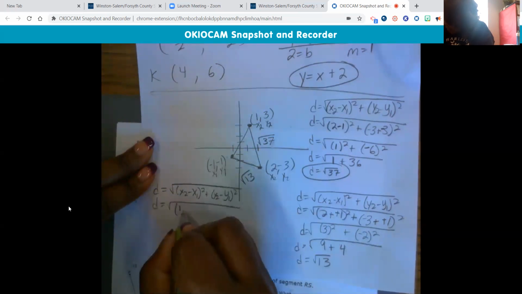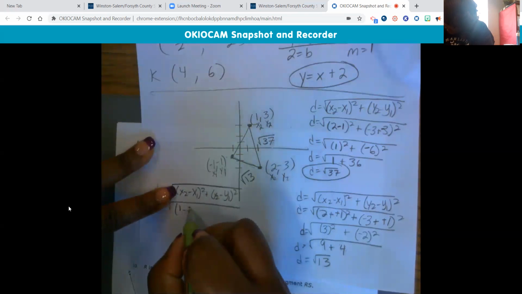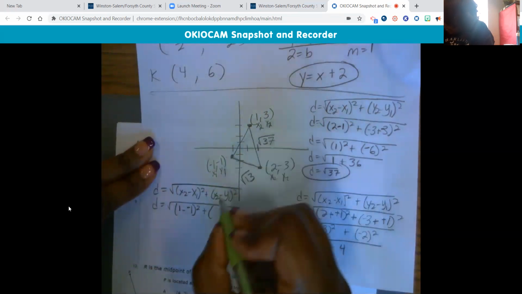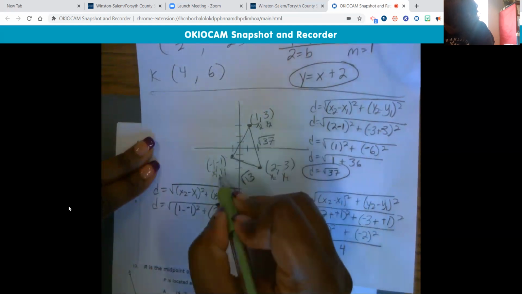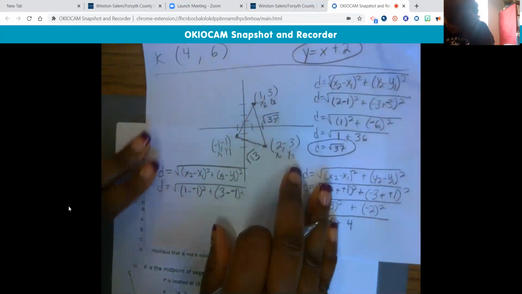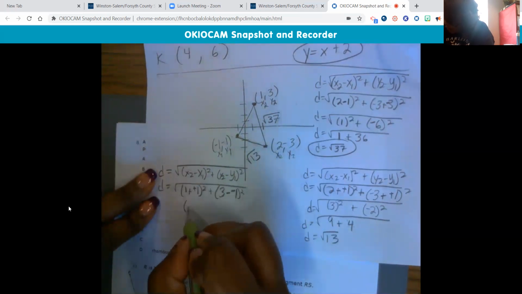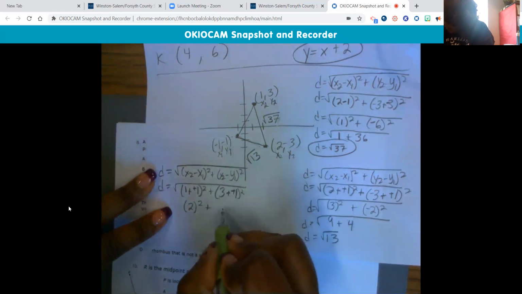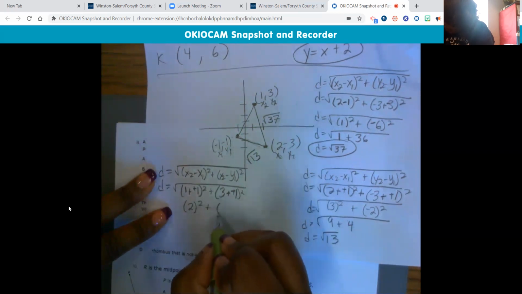So we got 1 minus a -1, square it. Then we got 3 minus a -1, square it. Okay, so this is plus a positive, it's going to be 2. Okay, this is going to be plus a positive, this is going to be 4.